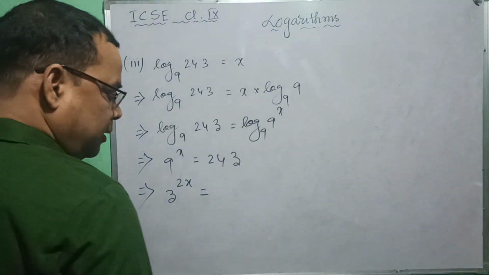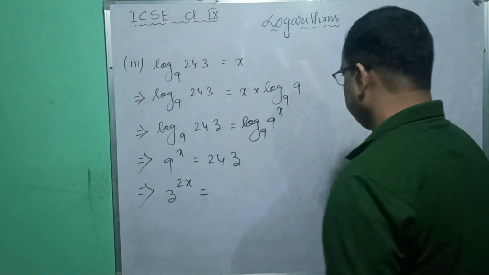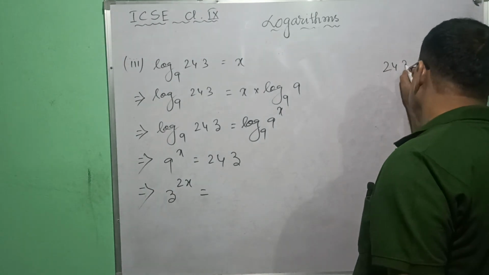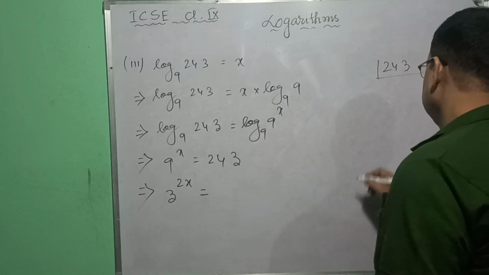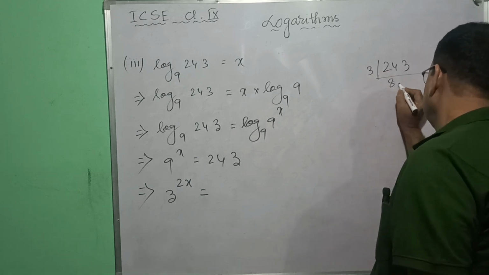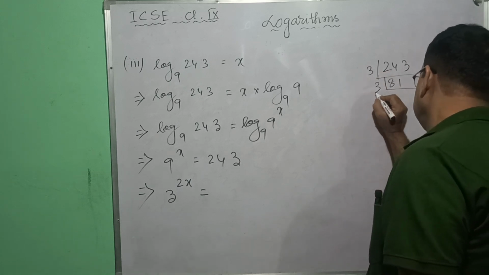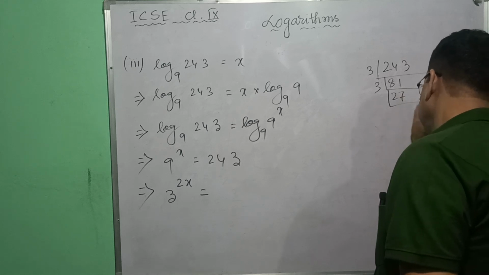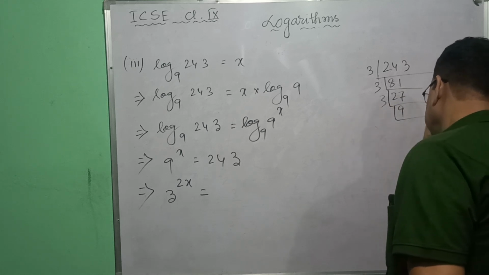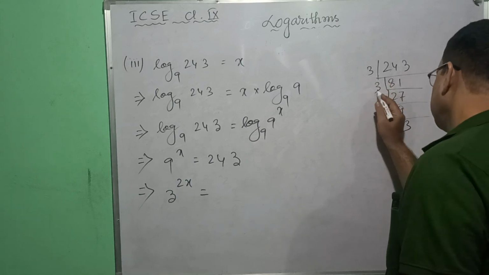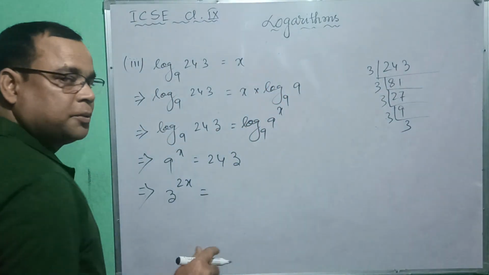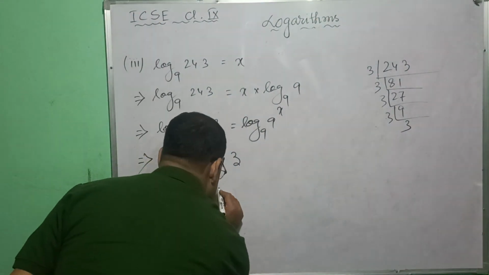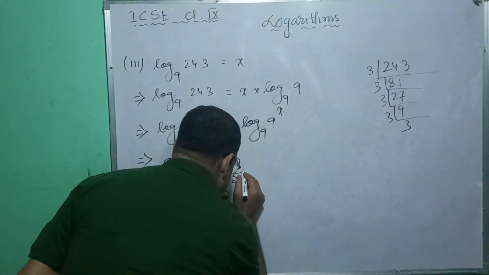In case of 243, if we factorize, so it is 1, 2, 3, 4, 5. It means 3 to the power 5. So in place of 243, we can write 3 to the power 5.